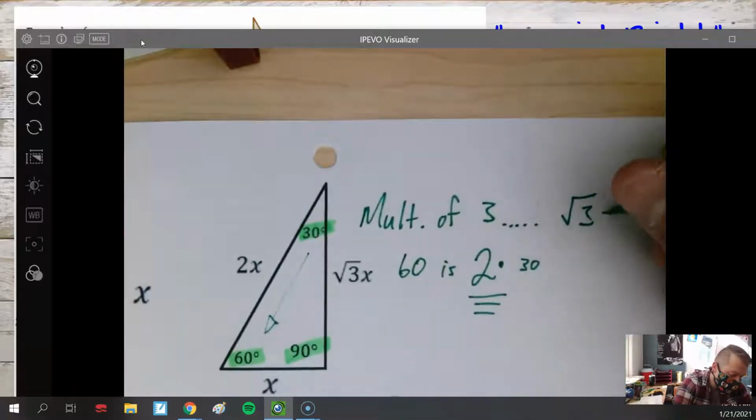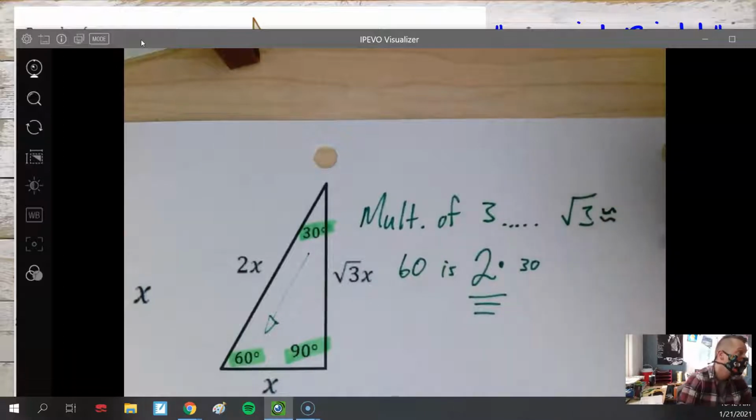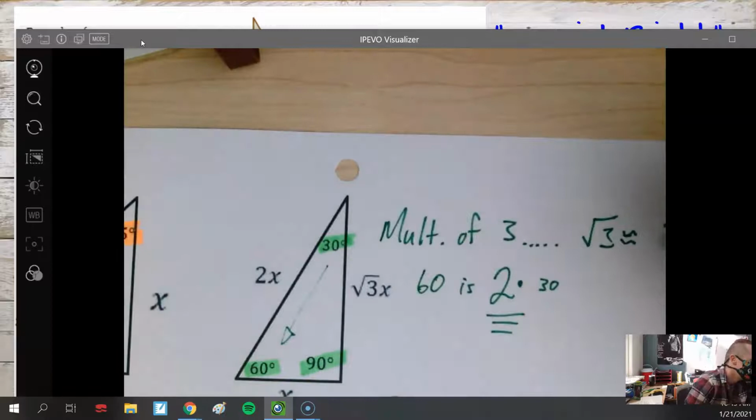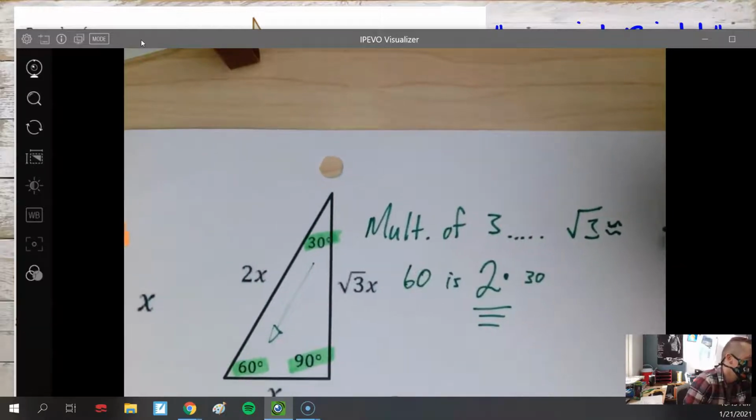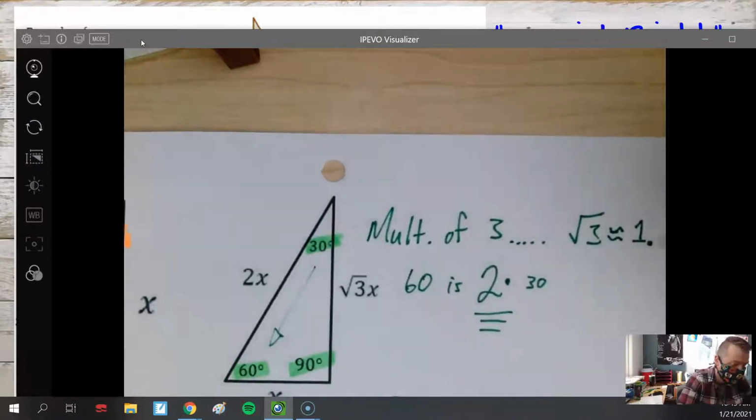Radical 3 is approximately... What's radical 3? Somebody figure it out real quick. 1.4. No. I think it's like 1.7. Nobody has a calculator out? I was about to say, you came to math and nobody has a calculator out.